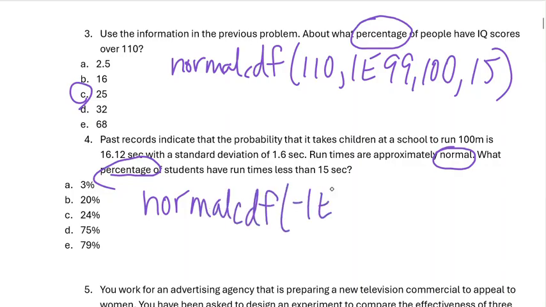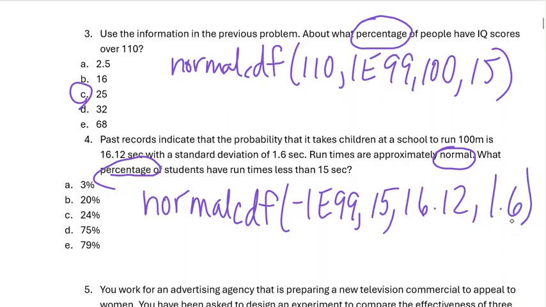Negative 1E99, 15. The mean is 16.12, and the standard deviation is 1.6. Go ahead, type it all in: negative 1E99, 15, 16.12, and then 1.6. And it comes out to be about 24%.